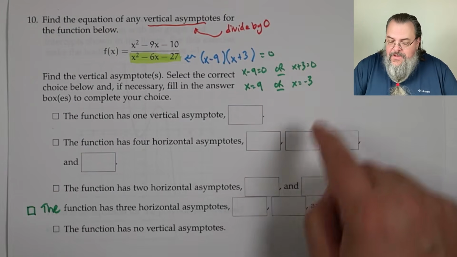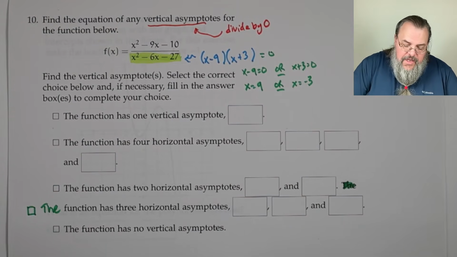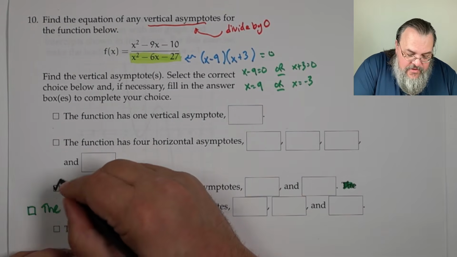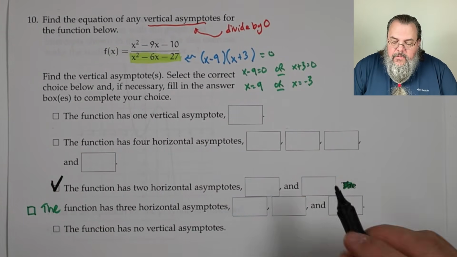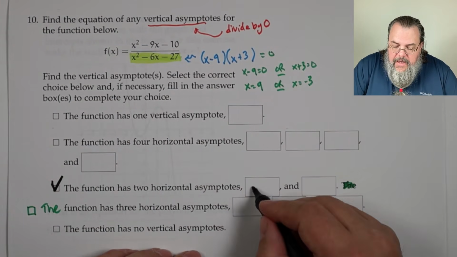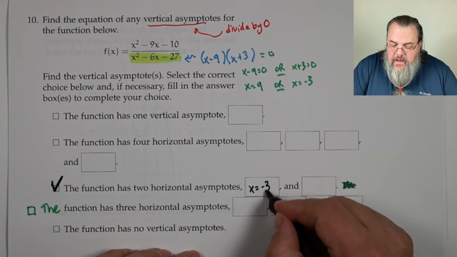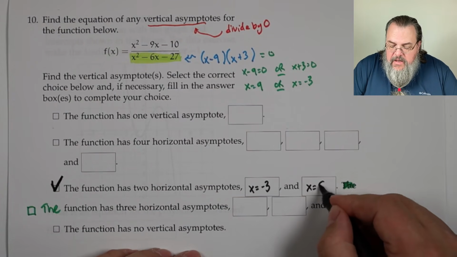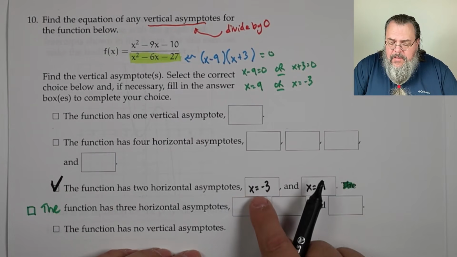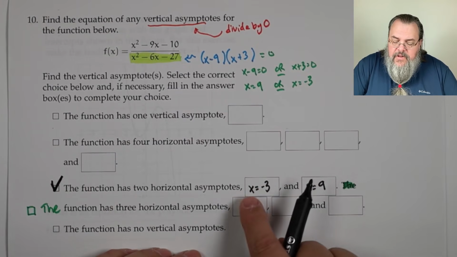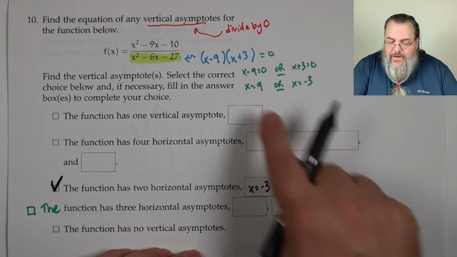We're 2. So the function has 2 vertical asymptotes. There we are. And what are they? Well, they're at x equals negative 3 and x equals 9. Here I would include the x. And I think on the exam they might specify, put them from left to right, so you want to sort them.